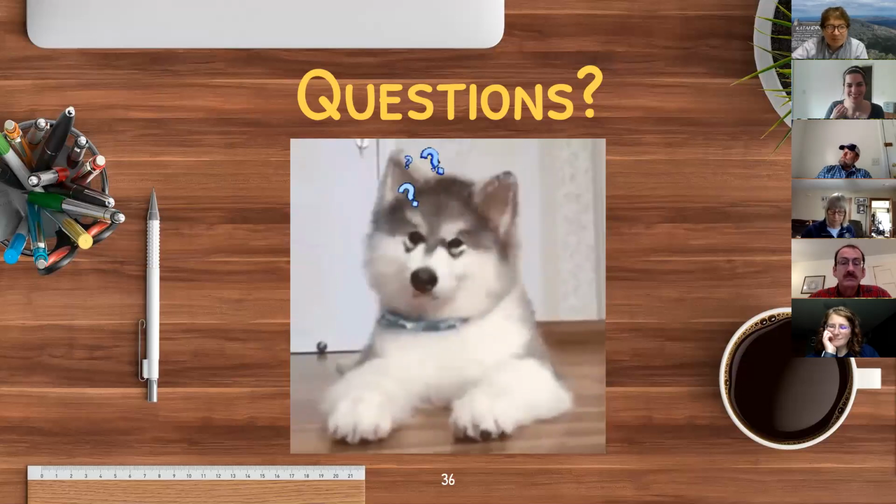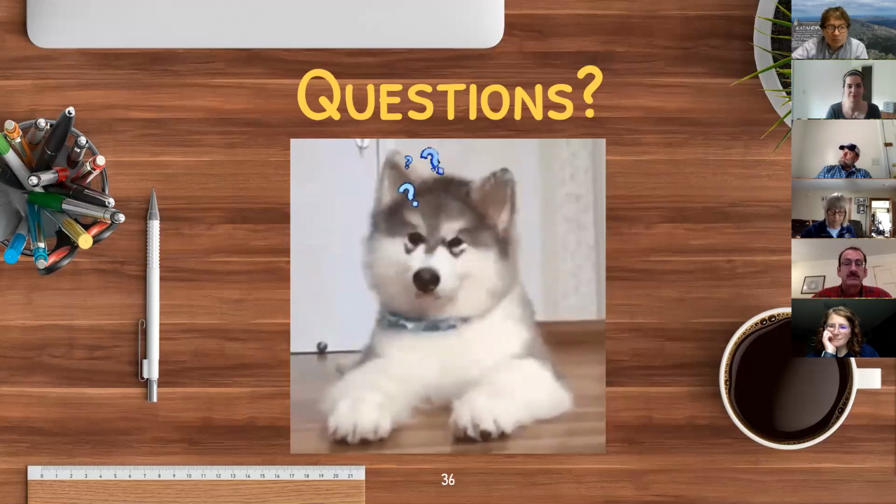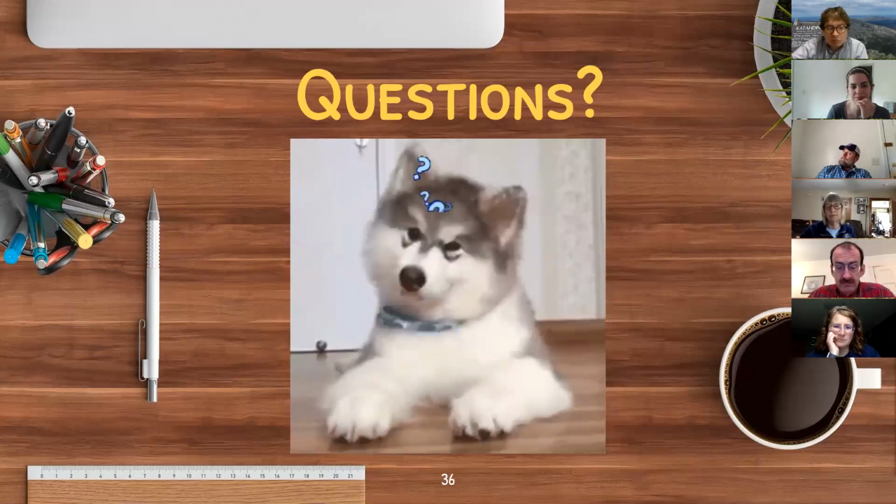I think over the years, I've found that, as with digital citizenship, if you can have a common language, especially if the kids have more than one teacher, it really helps.